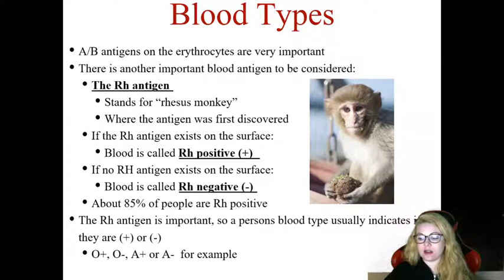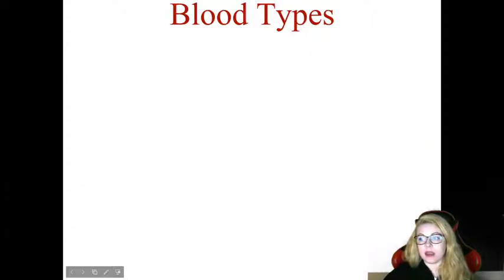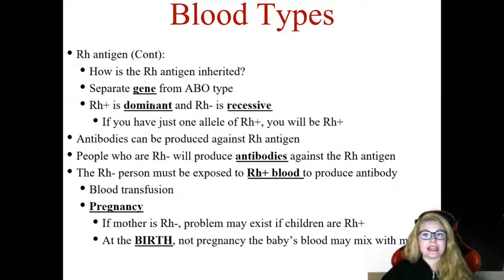And so this also, like your blood type, AB, A, B, or O, is inherited via genetics from a gene. And it's separate, though, from the ABO type. So this gene is completely separate from whether you're A, B, AB, or O. In this case, Rh positive is dominant, which hopefully, if you remember anything from learning genetics, that makes sense because I just said 85% of the people in the world are positive.